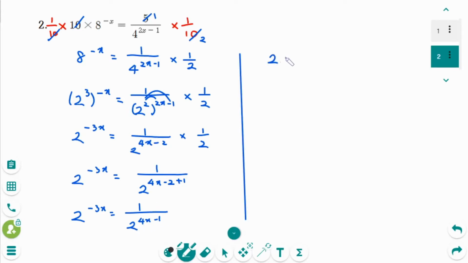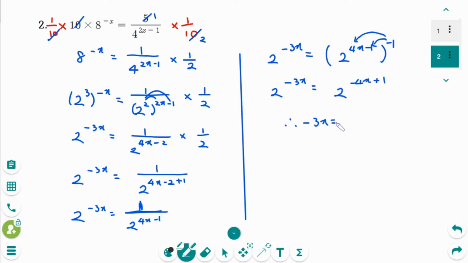That means 2 to the power of minus 3x equals 2 to the power of minus 4x plus 1. Therefore, minus 3x equals minus 4x plus 1. Then finally, x equals 1.